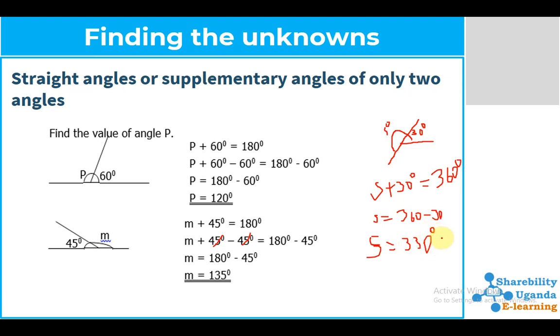As they said, this angle is greater than 180 but less than 360. So we have been able to get a value which is greater than 180 but also less than 360. That's how we can find angles and solve the unknown values of these angles.